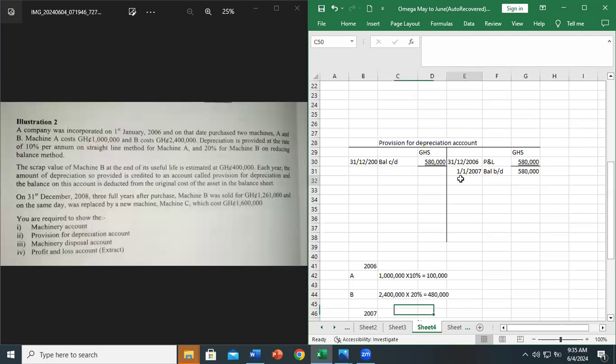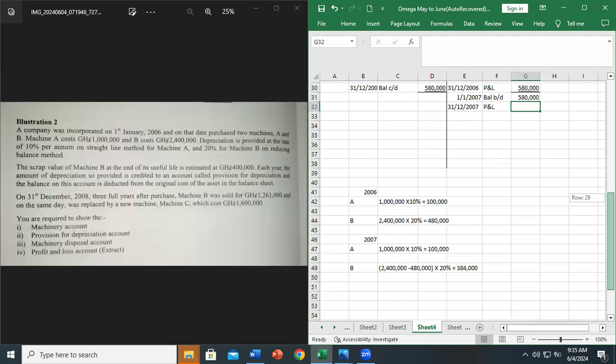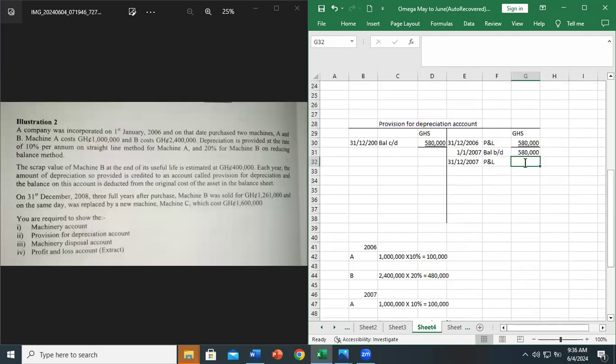So we come into the account and credit that, 31st December 2007, profit and loss, 484,000. So you see that it's very simple, right? So we balance the year 2007 and move on to 2008.